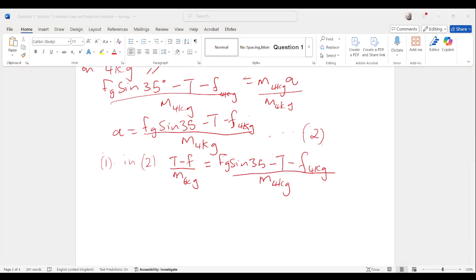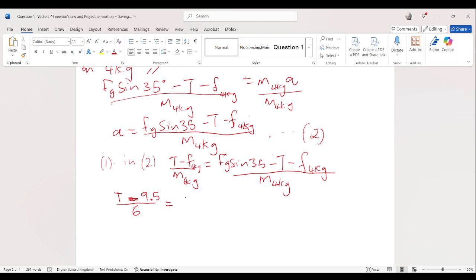Okay, I'm just going to substitute where I have to. Do we have tension? No. Do we have friction on 6 kg? Unfortunately, we have. It was given by 9.5 divided by the mass 6.